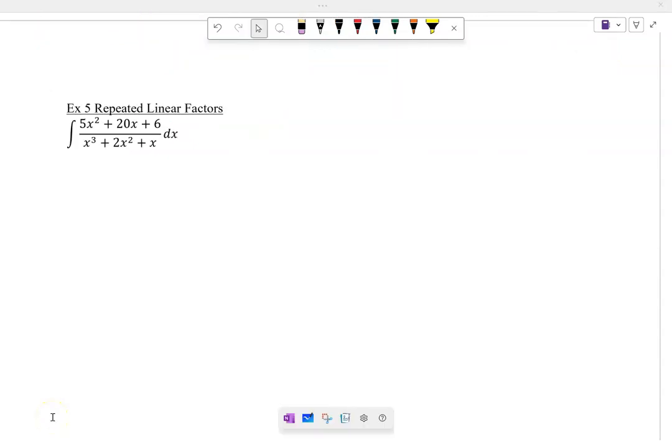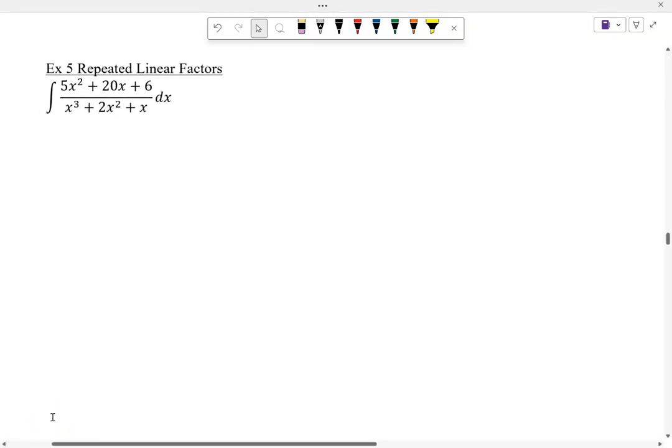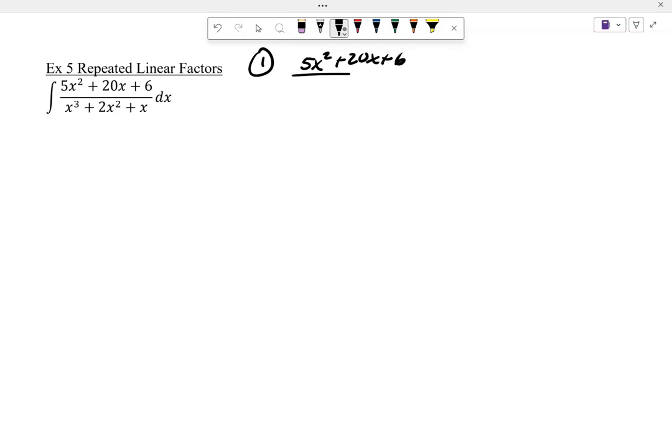Notice this is not improper. The degree of the top is not bigger than the bottom, right? The degree of the top is 2, the degree of the bottom is 3. So let's go ahead and just jump into our partial fraction decomposition by factoring our denominator. So I'll take an x out.